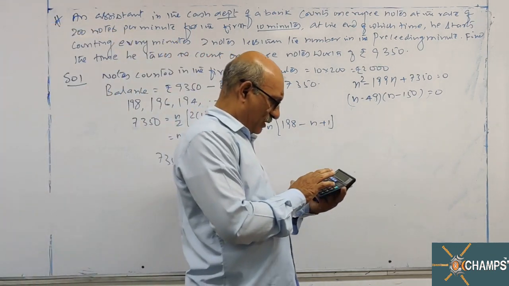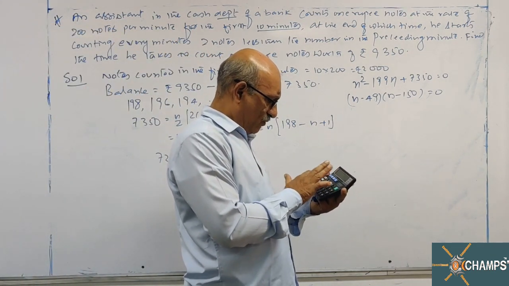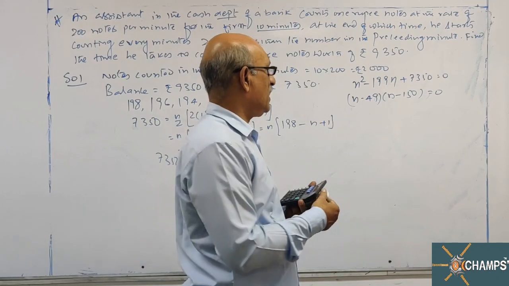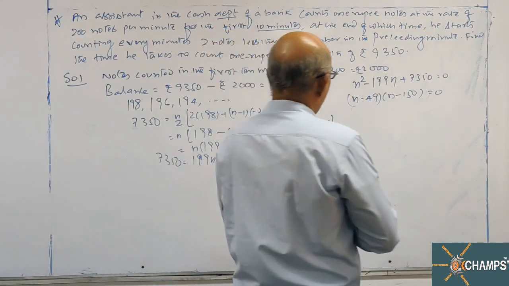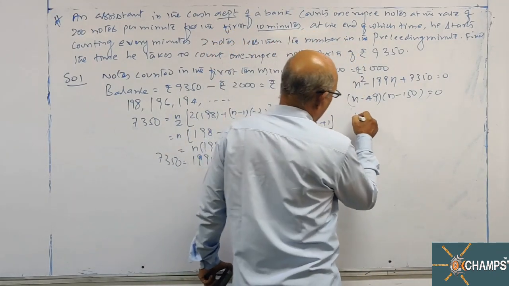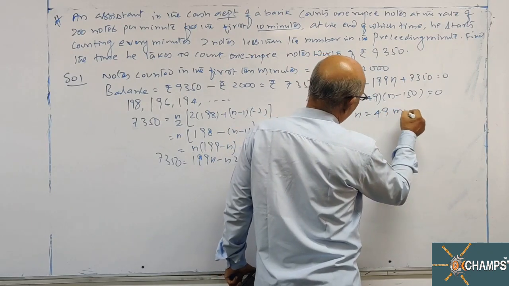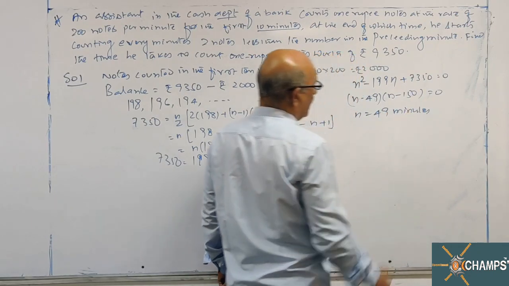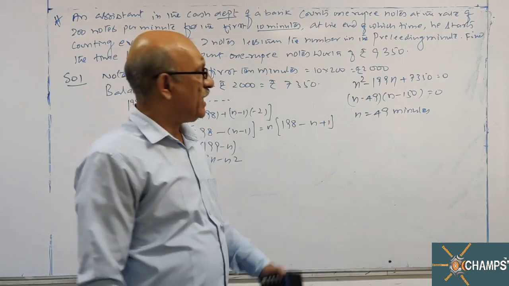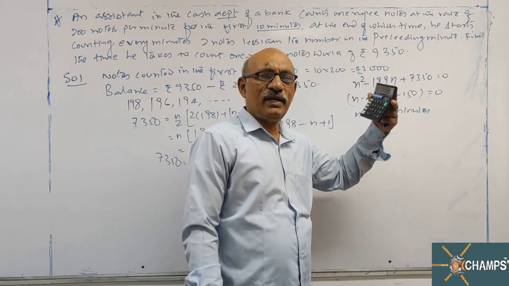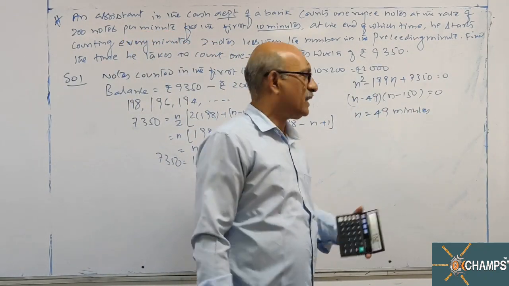49 into 150 is 7350. So n is equal to 49 minutes. When the notes are counted in 49 minutes, we don't proceed to the 150th minute. So the second value is rejected.